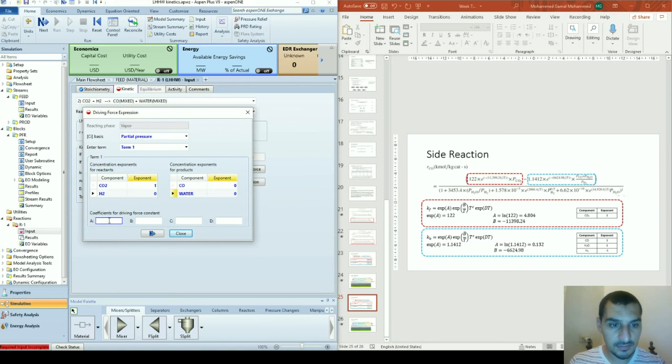For A is 4.804. For B is -11,398.24. I'm done with this term. For term number 2, this is the exponents: carbon dioxide is 0, hydrogen is -1, for carbon monoxide 1, water is 1, and the coefficient A is 0.132, and B is -6624.98.